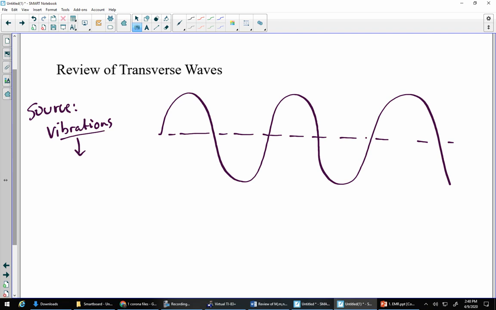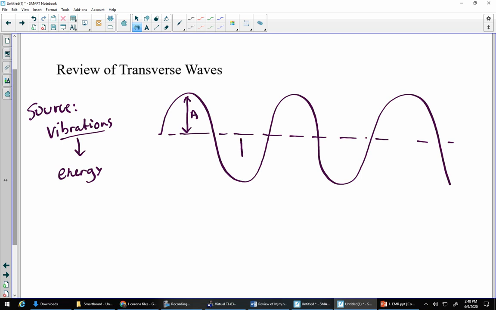The vibration tells us about the energy of the wave. And does anybody remember how we represent energy on this wave? Where would we see energy on the wave? If you're saying that energy and amplitude go hand in hand, you are absolutely correct.